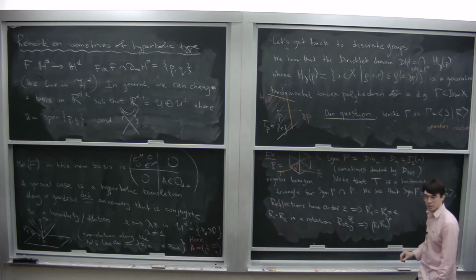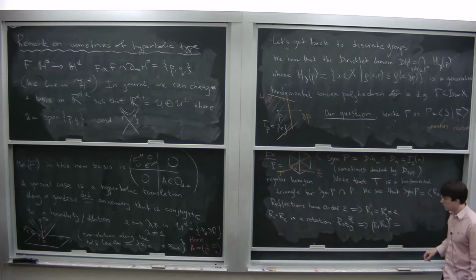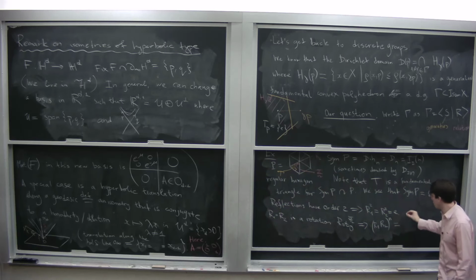So this element, written R1 R2 n times, gives you the trivial element in this group gamma, the symmetry group of P.